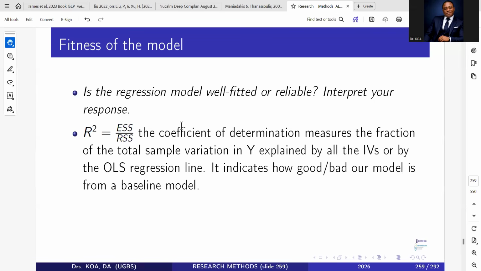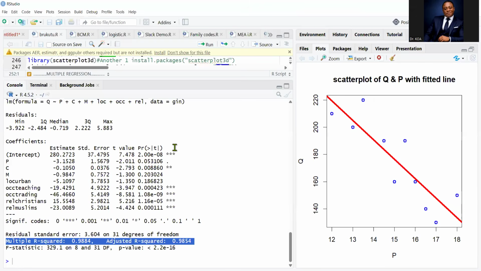Note it down. So now let's go to our result and check. Looking at our results carefully, is our regression model well fitted or is it not well fitted?